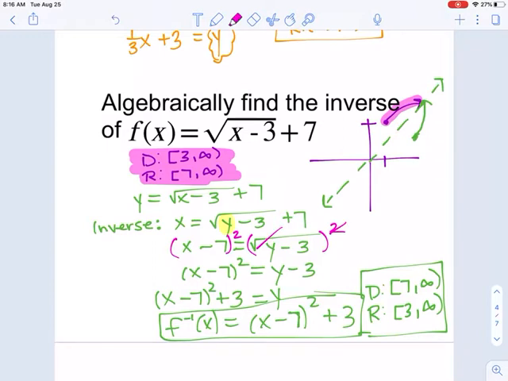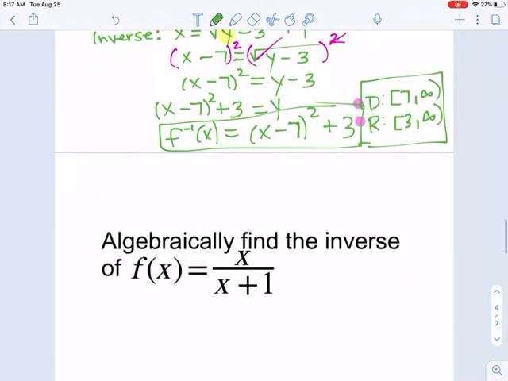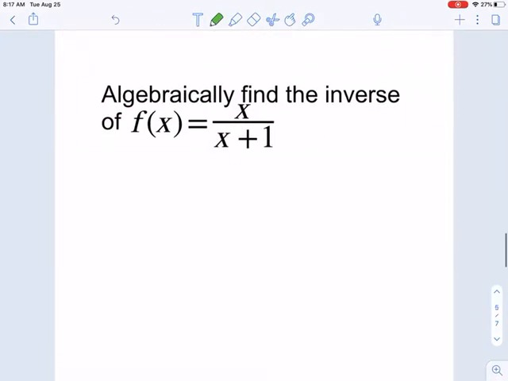So it's only half of a parabola. If I'm finding the inverse of a square root shooting star, then when we reflect that, we're only getting half of the parabola, which is going to affect the domain. So make sure that you're determining the domain and range for your original function before you do the inverse, so that finding the domain and range for your inverse can be just as simple as switching.